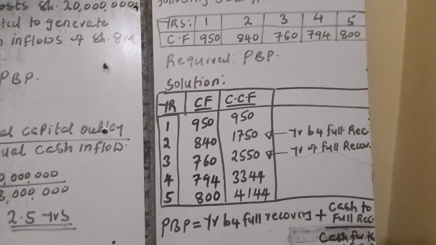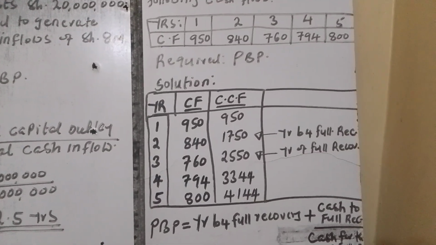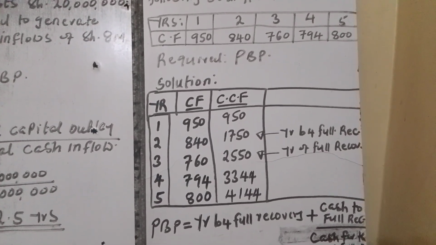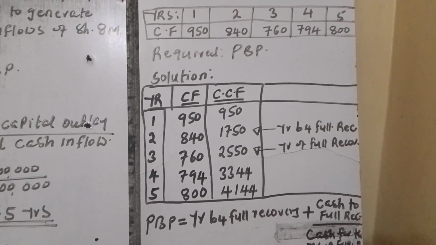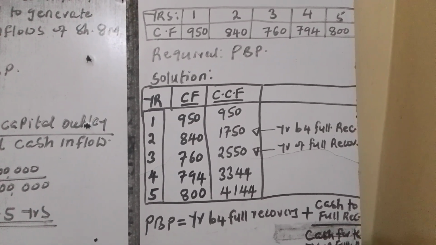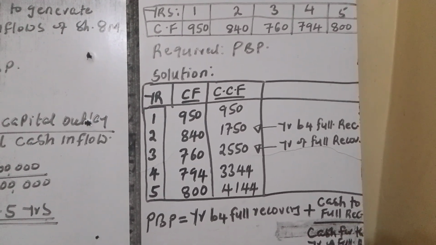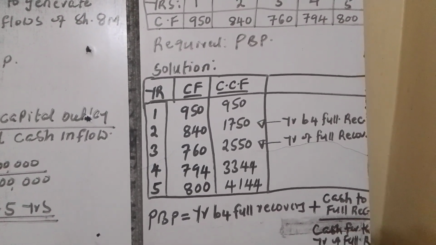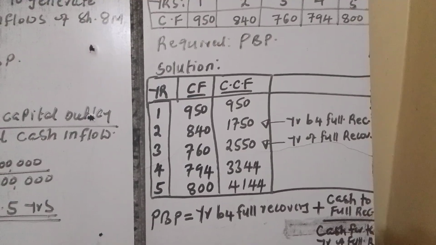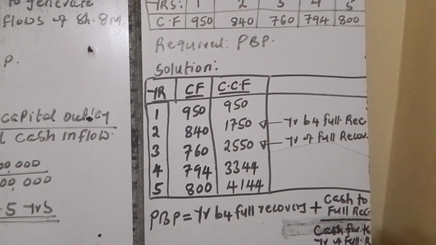So you open the other column for cumulative cash flows. We know how to accumulate cash flows. So you start with the first year. Cash flow for the first year is 950,000. Now for the second year, we accumulate 950 plus 840,000. We get 1750.